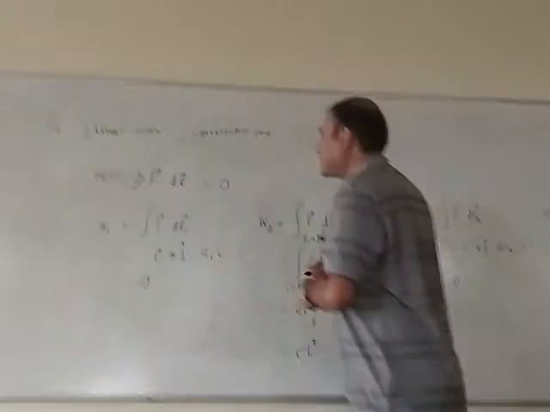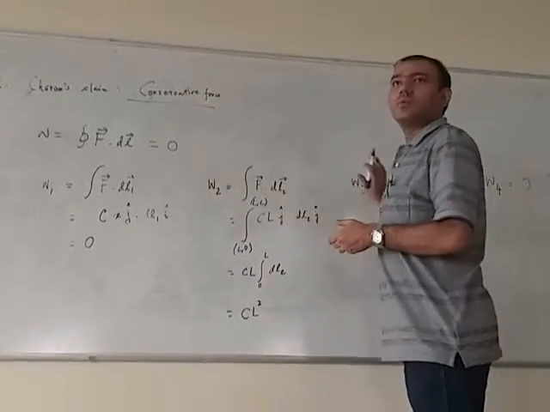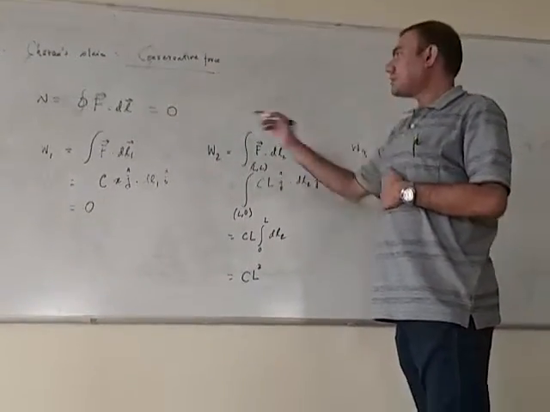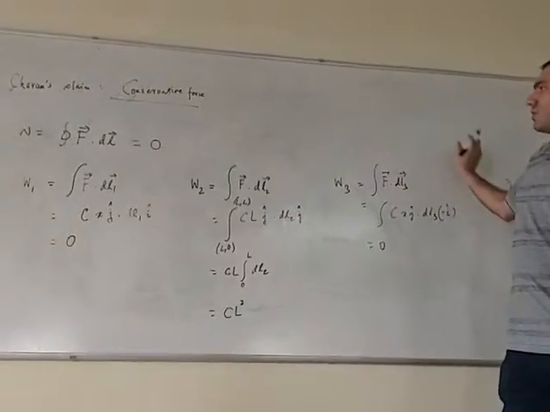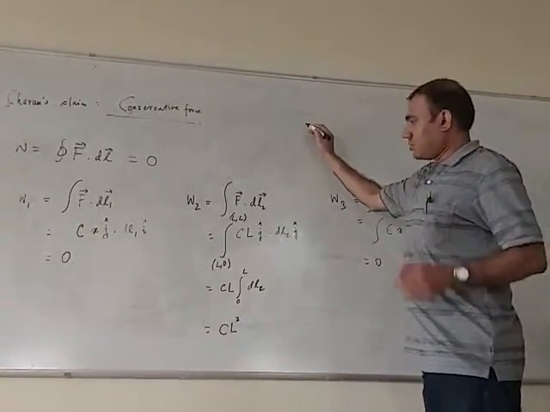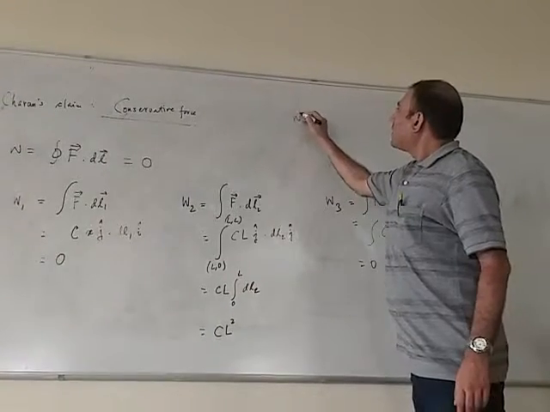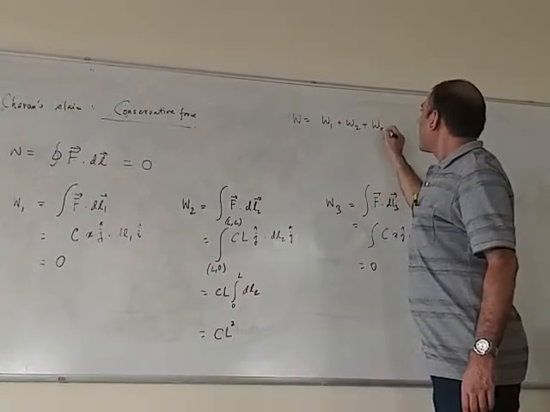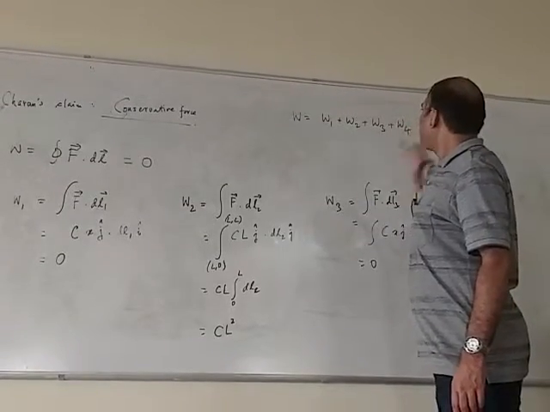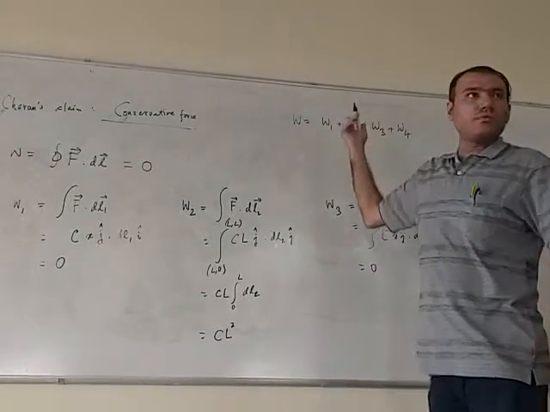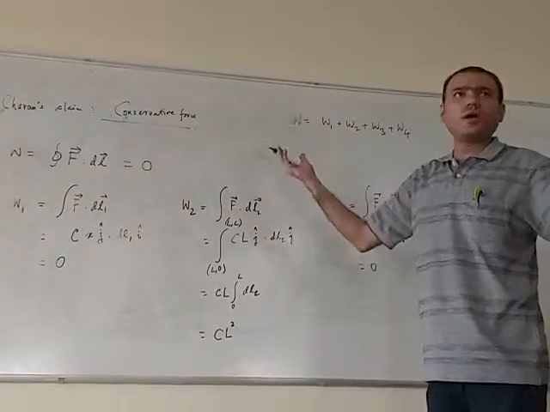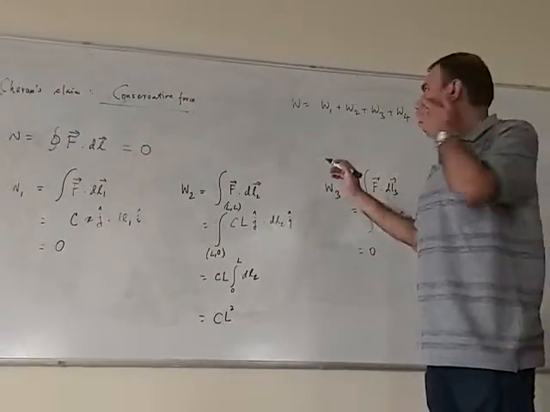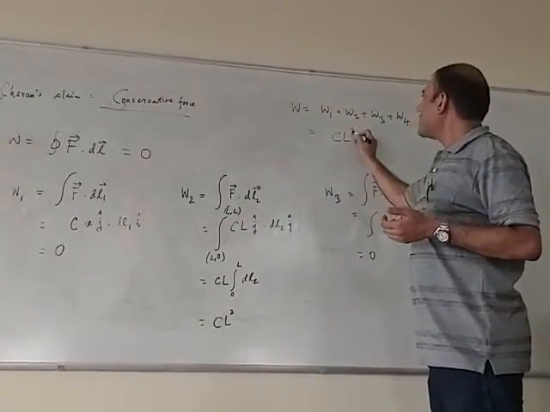Okay. So now what we do is we take the sum of all the works done. And since all 3 are 0, the only contribution to the total work is from the remaining leg. So basically, just summing up these, being scalar, I do not need to care about directions and all. Work and energy are just scalar quantities as well. So this is just CL squared.